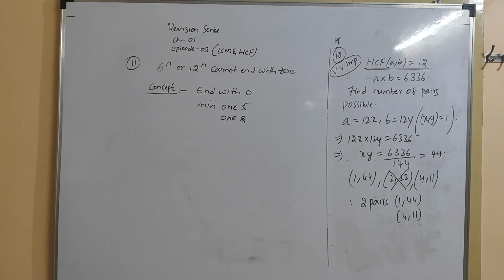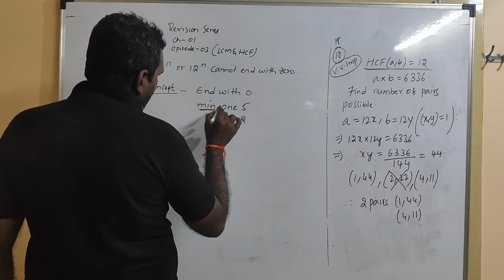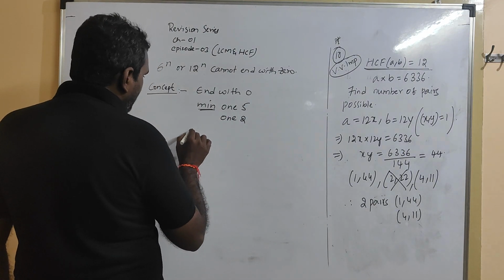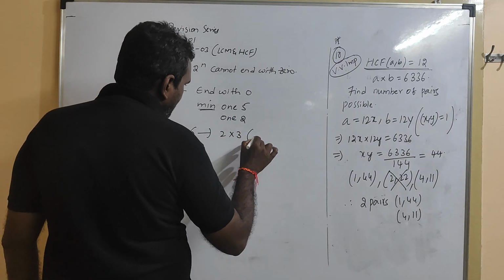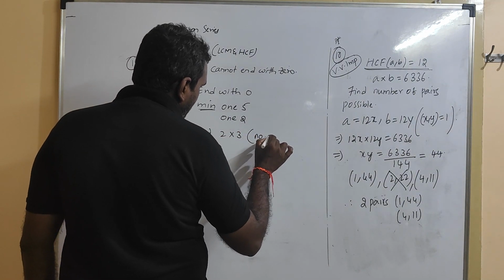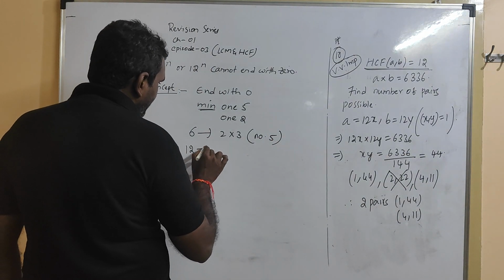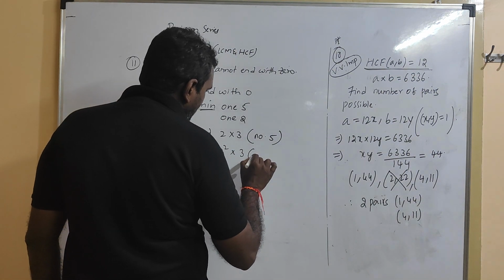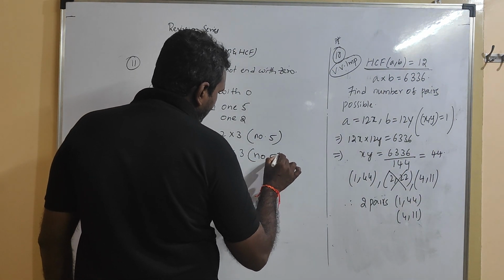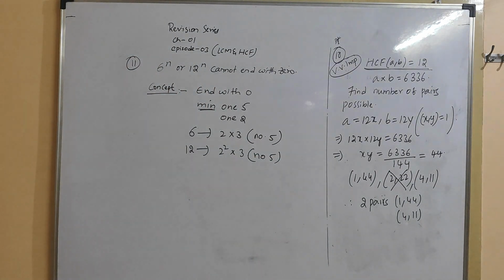The concept is, if a number ends with 0, a minimum of one 2 and one 5 has to be there. If you prime factorize 6, you will have 2 and 3. No 5. If you prime factorize 12, you get 2 squared into 3. Here also no 5.